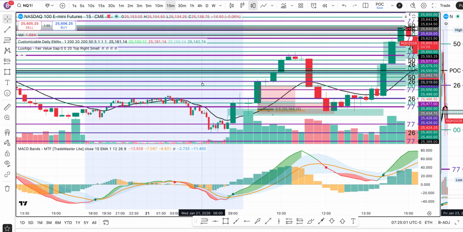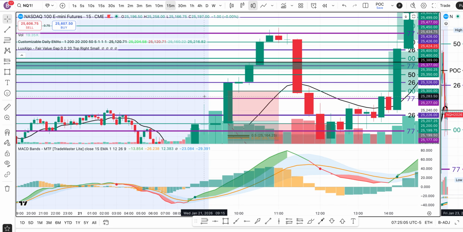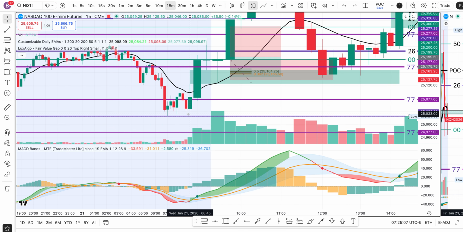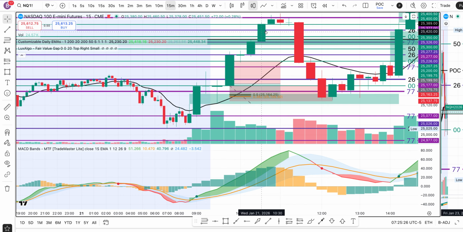At the open here on Wednesday, we busted through the 200, back tested this 15-minute fair value gap and the 200, and came up and finished very strong here. And then your entry was here on this candle, and this one really rocketed quite well. It went up pretty hard, pretty strong.